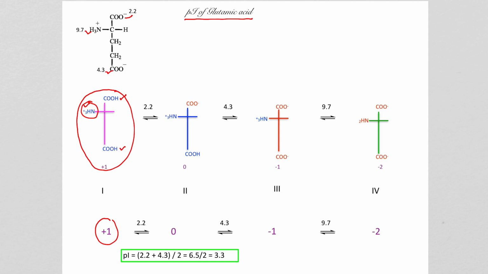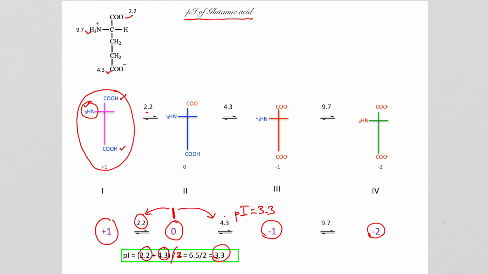And once you have plus 1, now you simply go with the lowest pK, 2.2. The next structure will have a charge of 0. Then 4.3 will have a charge of -1, and then 9.7 will have a charge of -2. And now you simply take the structure that has a charge of 0, take the pK values on either side, which is 2.2 plus 4.3, average them, and you get your pI, which is 3.3.